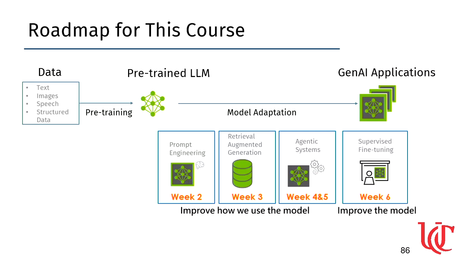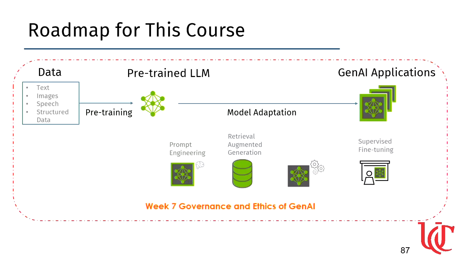And hopefully in week 6, we could talk a little bit about supervised fine-tuning. In the last week, we will talk about governance and the ethics of GenAI. We'll also talk about the impact of generative AI on the future of work. So that is the overall roadmap for this course.